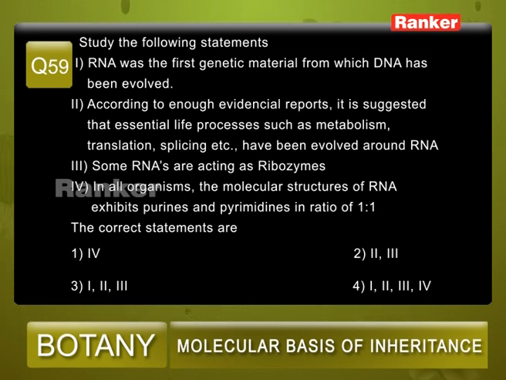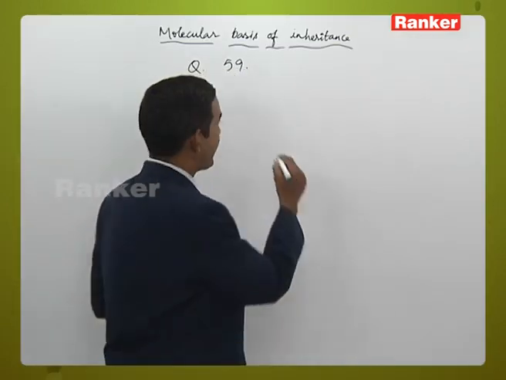Some RNAs act as ribozymes. 4. In all organisms, the molecular structure of RNA exhibits purines and pyrimidines in the ratio of 1:1. The correct statements are: 1) 4; 2) 2 and 3; 3) 1, 2 and 3; 4) 1, 2, 3 and 4. Now let us come to the statements that have been given.